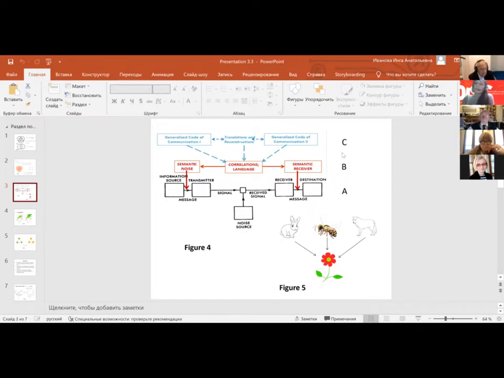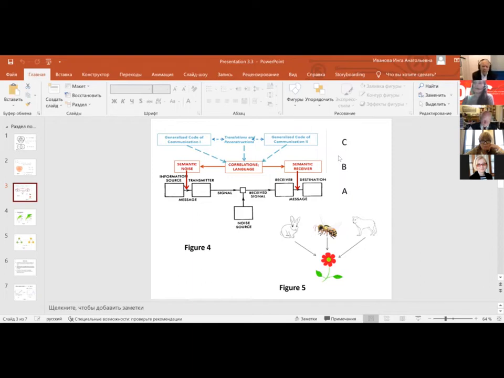But at level C, the received meaning can affect the behavior of the actors. So we can understand the same information in different ways according to our communicational codes. And each of us has our own communicational codes.